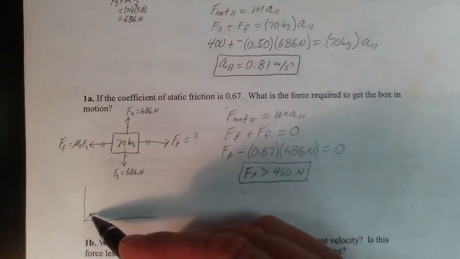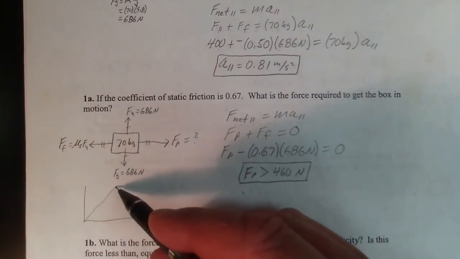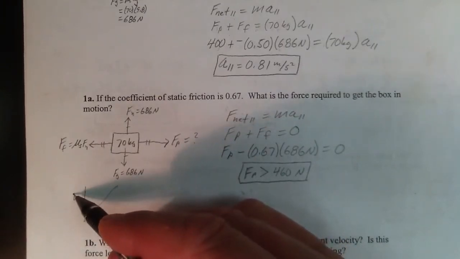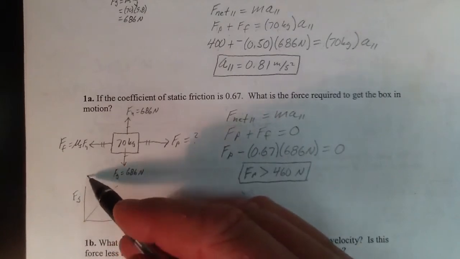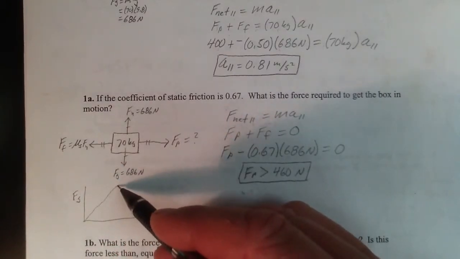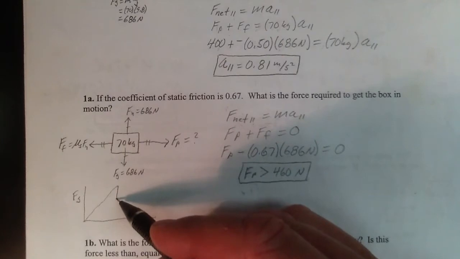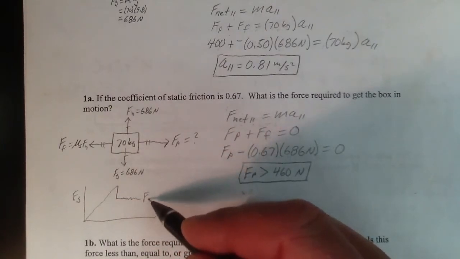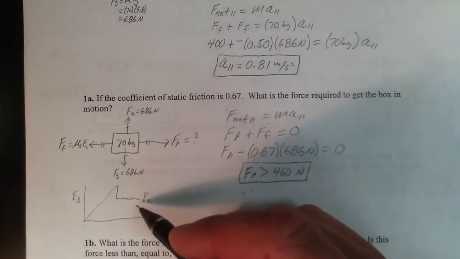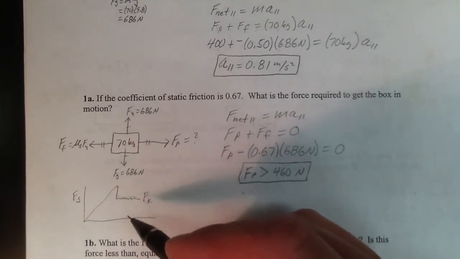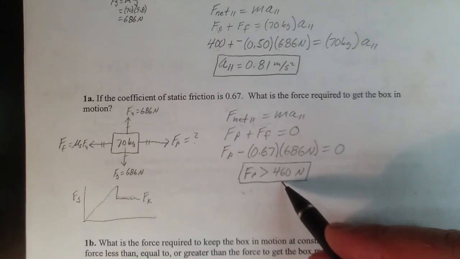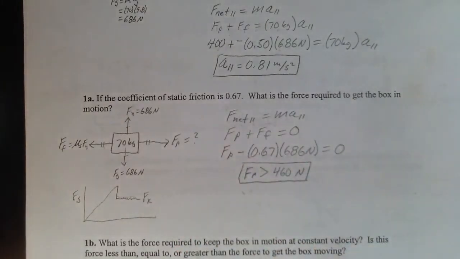We had this force of static friction, and it reaches some maximum. It goes up, up, up. So Fs is constantly going up until I reach a maximum threshold, and then boom. And now all of a sudden, force of friction kinetic or dynamic is a constant. So I need to get a force greater than 460 newtons to get this thing actually moving.